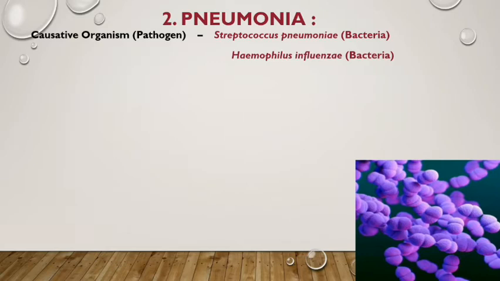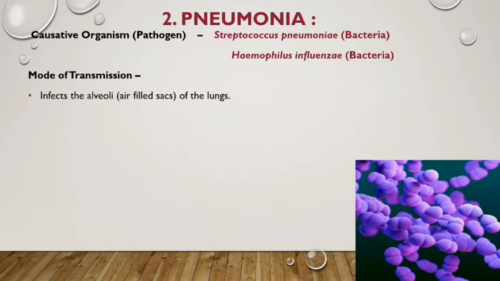Then my dear student, let us know how these pathogens are transmitted through the human population. So the mode of transmission, how this is spread, or how the pathogen infects the person.